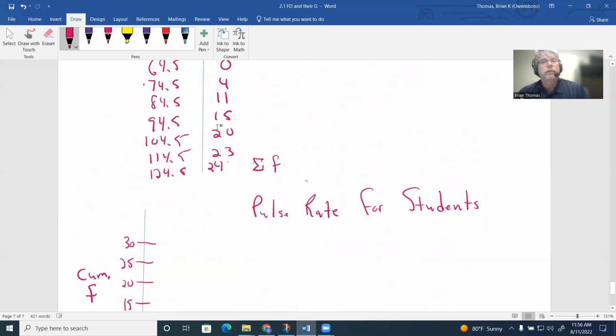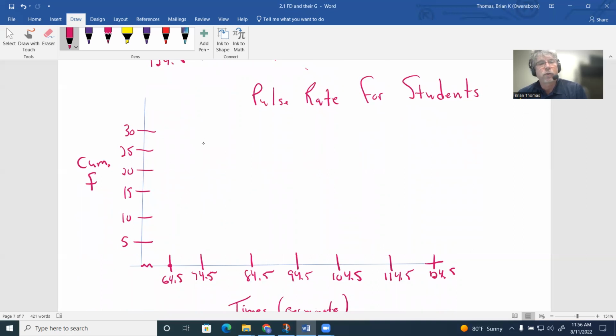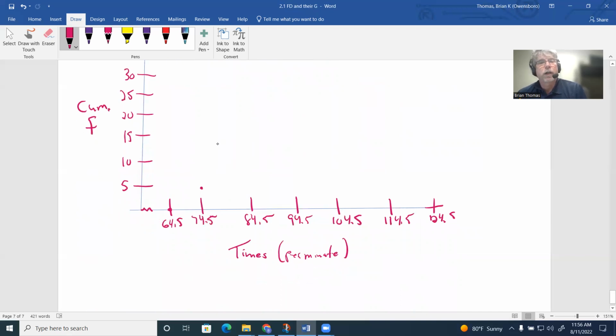74.5 is going to be 4. So that's going to be a shade lower than 5. So I have to estimate that a little bit. 84.5 is an 11. So out here, I'm getting 11. That's going to be a little bit above 10.